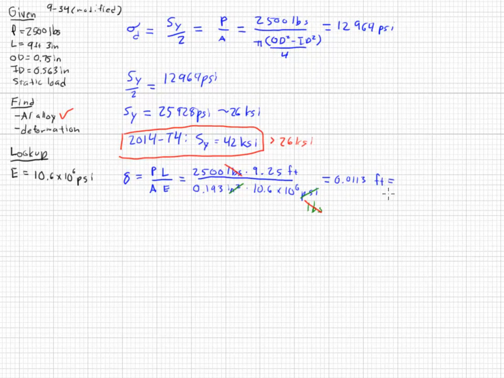But when we're down to lengths of that size, probably going to look at inches. So if I multiply by 12 inches per foot, I'll end up with 0.136 inches.